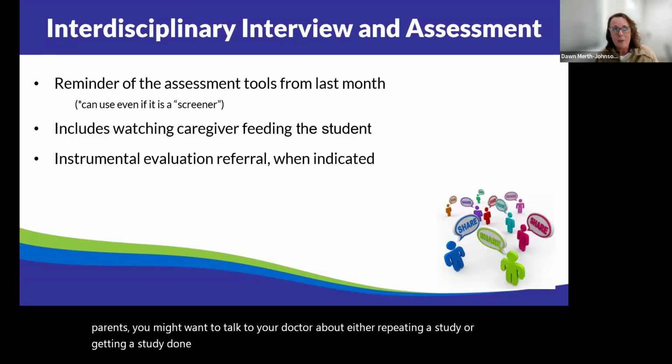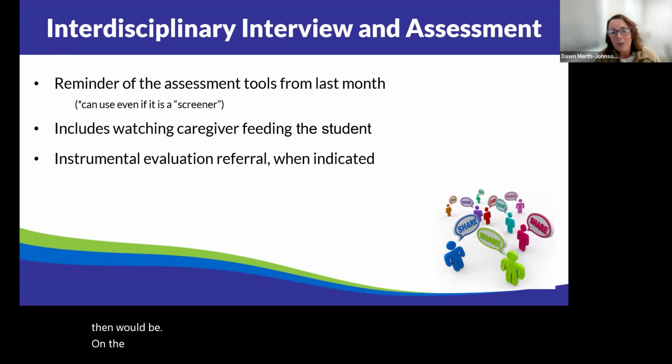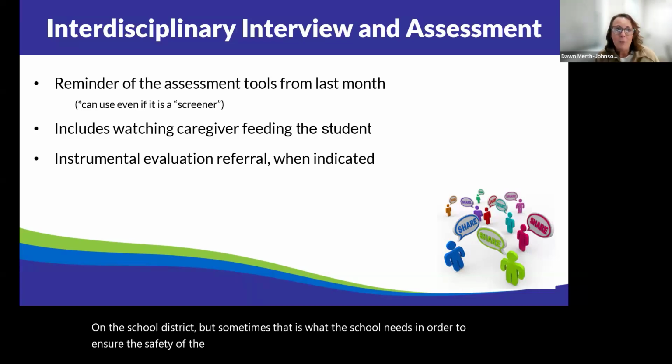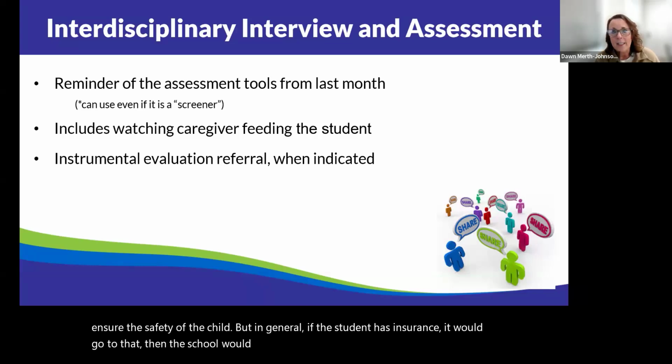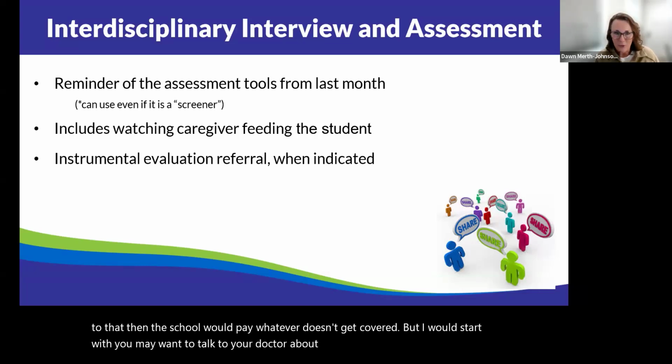If a school finds out that they really do need this information and the parent is not willing to, there are times when that cost would be on the school district, but sometimes that is what the school needs in order to ensure the safety of the child. But in general, if the student has insurance, it would go to that. Then the school would pay whatever doesn't get covered. But I would start with, you may want to talk to your doctor about getting a referral for this or about seeing this kind of person.